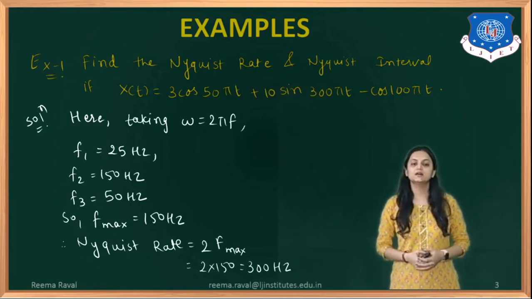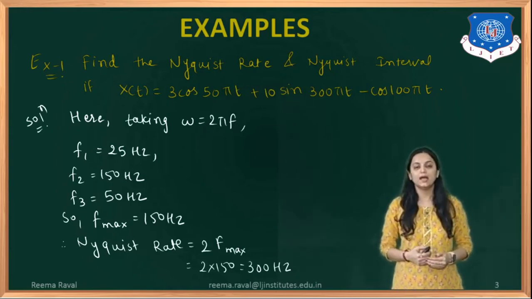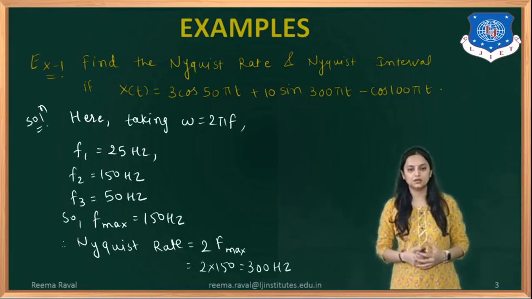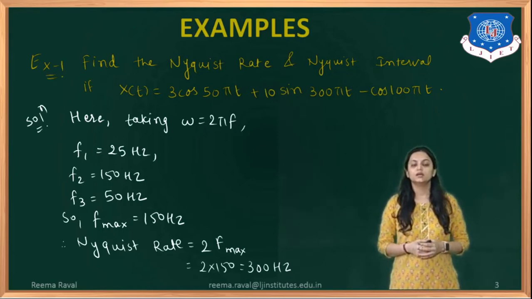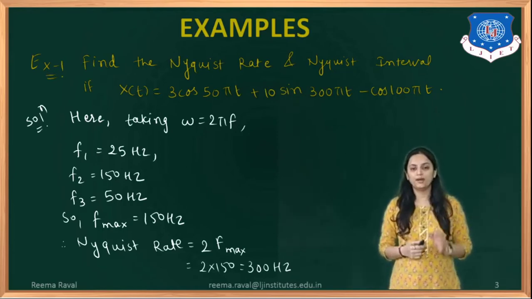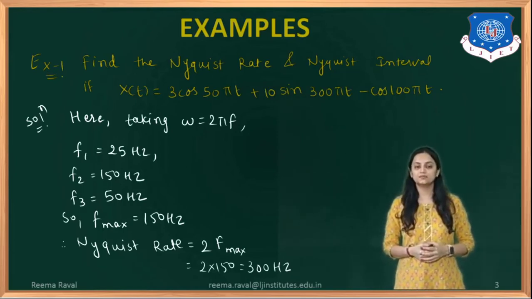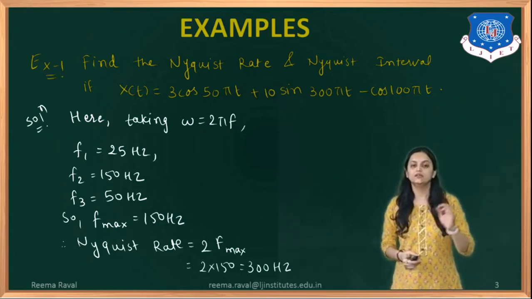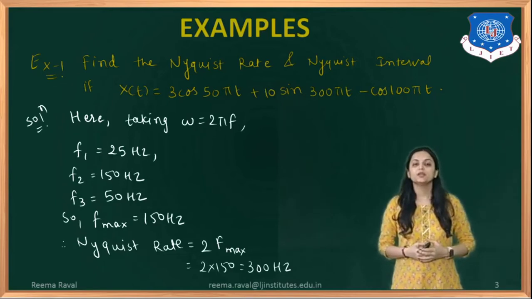So this is the data which is given to us, and it is asked here to find the Nyquist rate and Nyquist interval. So we know that omega = 2 pi f. So we will compare this part, that is cos 2 pi fm t, with cos omega t, with respect to 2 pi f, to obtain the values of frequencies.